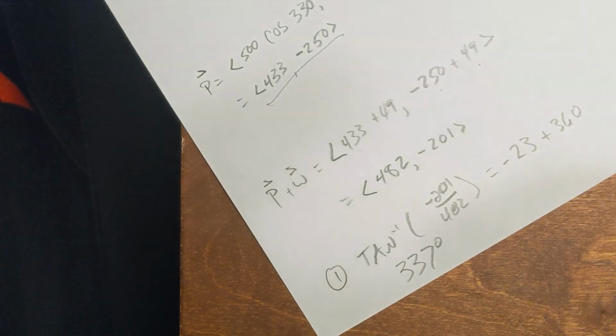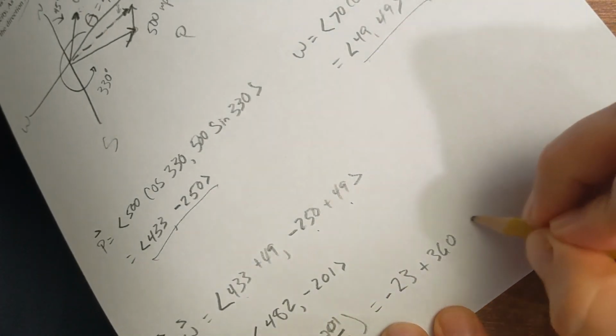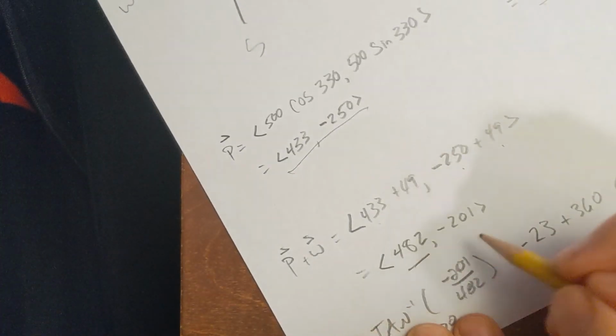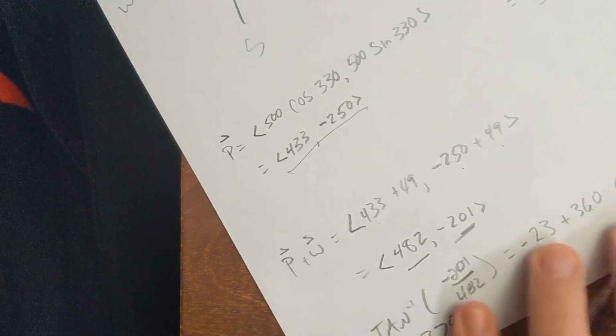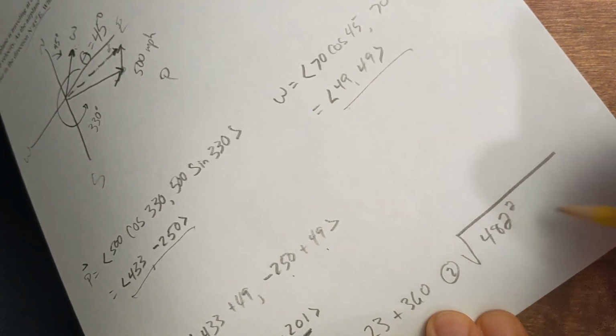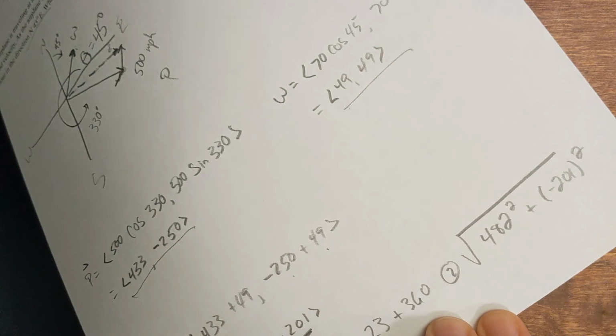The second thing we have to do is figure out the actual speed. The speed in this case is going to be the magnitude. So I'm just going to do the magnitude of the direction of my plane. So it's going to be the square root of 482 squared plus negative 201 squared.